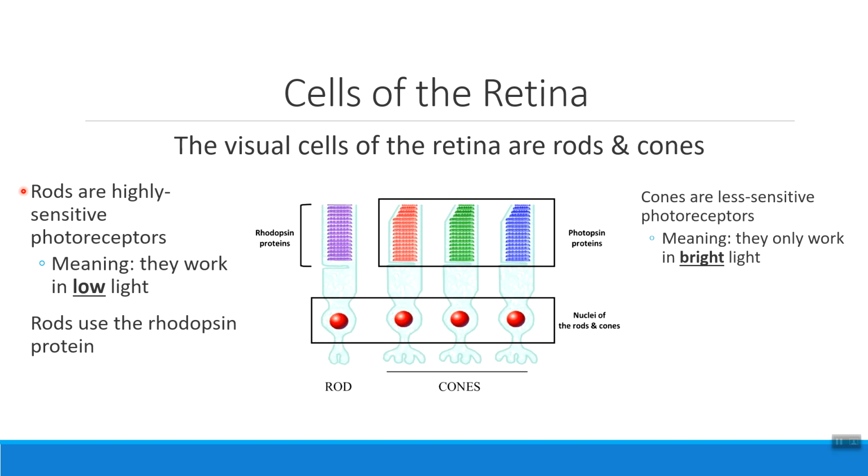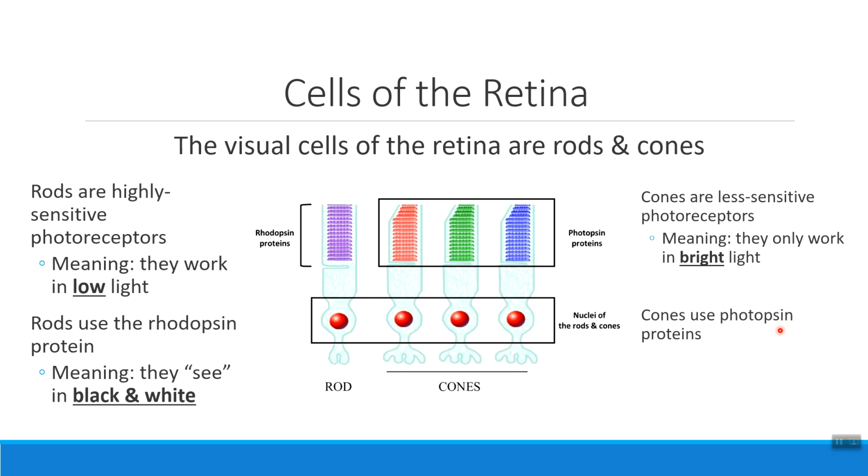And when we talk about how these different kinds of cells are activated, it comes down to a difference in the kind of protein they use to detect light. So rods use a protein called rhodopsin. Rhodopsin is different from the protein used by cones, called photopsin. These different kinds of proteins detect different kinds of light.